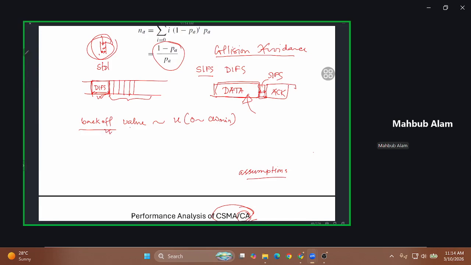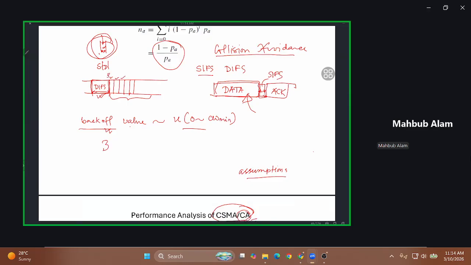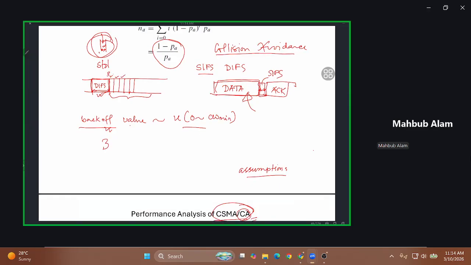What the station does after the DIFS period, if the backoff value is 3, is wait 3 empty slots. So it picks the value 3. After one slot, it decreases the backoff value by 1, then after another slot it decreases it by 1, then another slot it decreases it by 1.